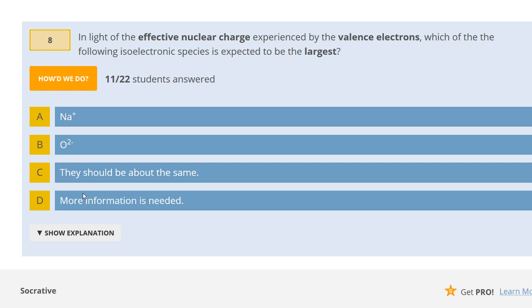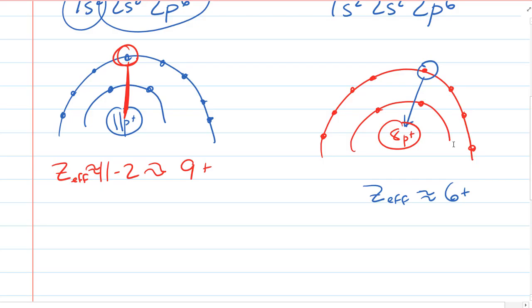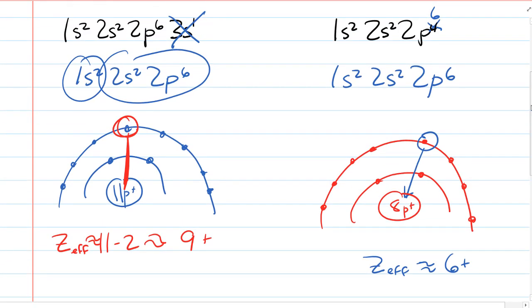And we'll count down. 5, 4, 3, 2, 1. Largest is going to be the oxide ion. Now, come back to these and tell why we would expect the oxide ion to be the largest.